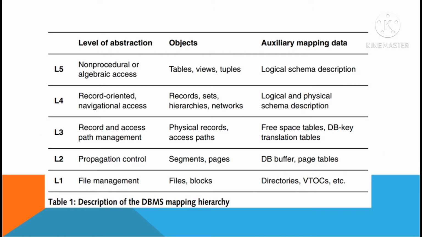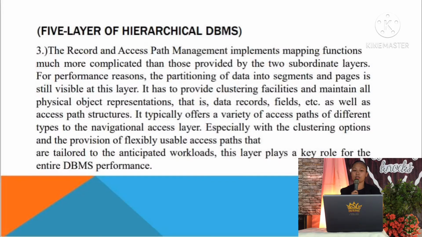Number 3, the record and access path management, implements mapping functions much more complicated than those provided by the 2 subordinate layers. For performance reasons, the partitioning of data into segments and pages is still visible at this layer. It has to provide clustering facilities and maintain all physical object representations, that is, data records, fields, etc., as well as access path structures.